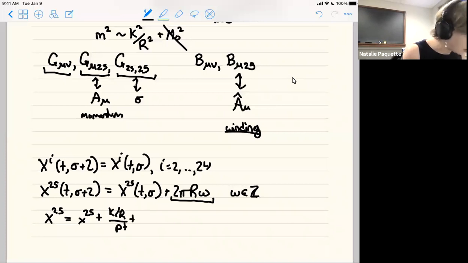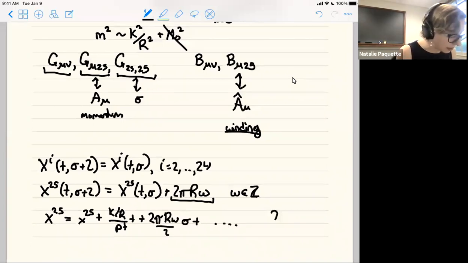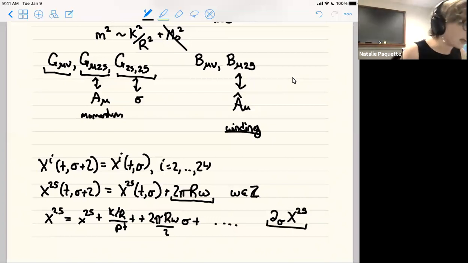So the oscillator stuff is all the same, so I won't write it down, but the center of mass degrees of freedom are more interesting. It basically comes from the del sigma of X25 term in the action.